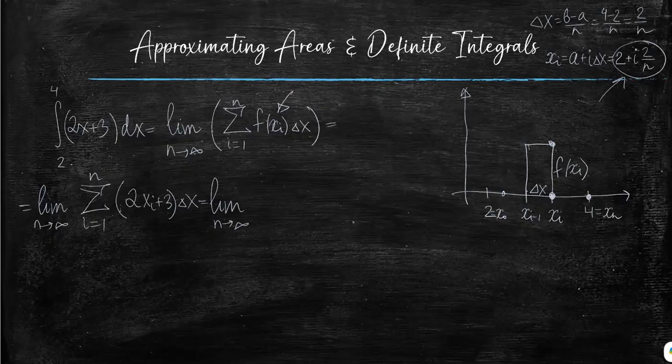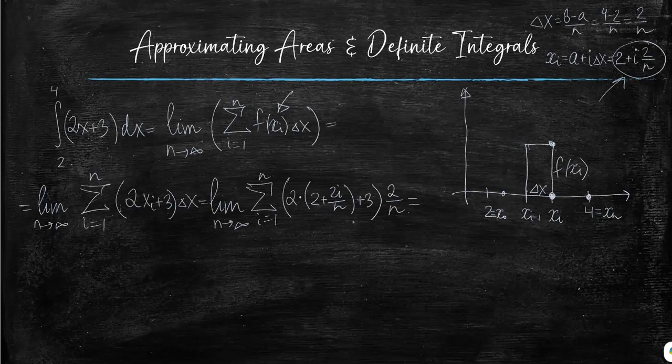So we have sigma i goes from 1 to n, and now we go 2 times xi, which is 2 plus 2i over n. A lot of 2's there. So that's my xi, plus 3. And we multiply by delta x, which is 2 over n.